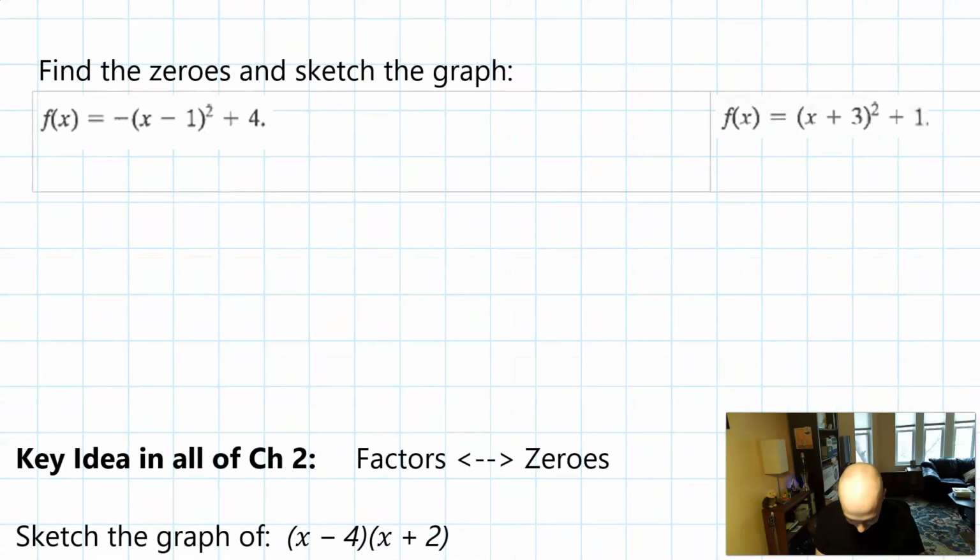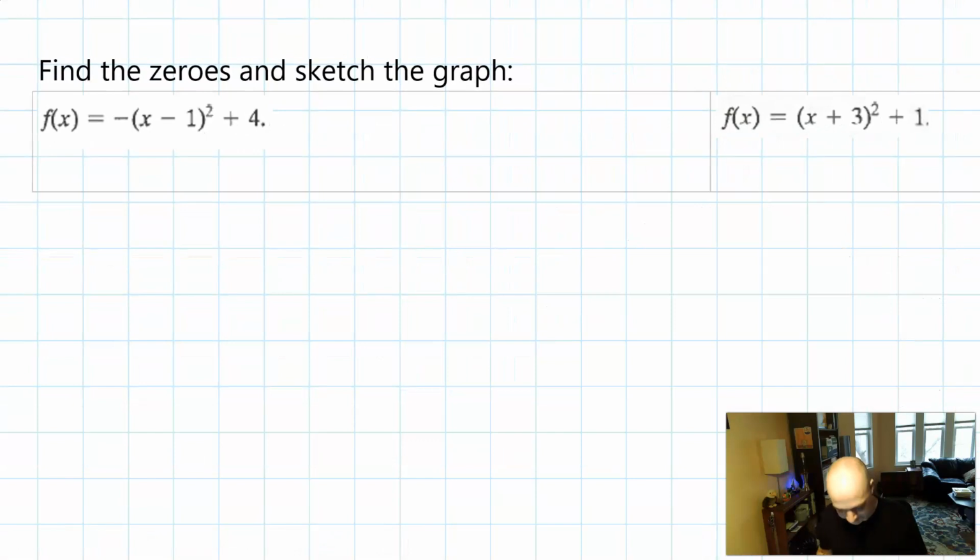So we're going to do 2 examples here. Give me a little more space. For the first one, if I was finding the zeros of f of x equals negative x minus 1 quantity squared plus 4, the first thing you would do is set the whole equation equal to 0. And then I'd work to isolate the term with the exponent, isolate that whole term. So I'll take away 4.